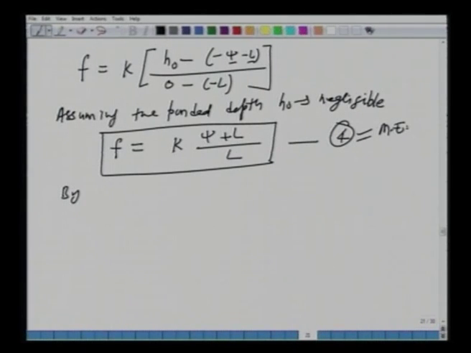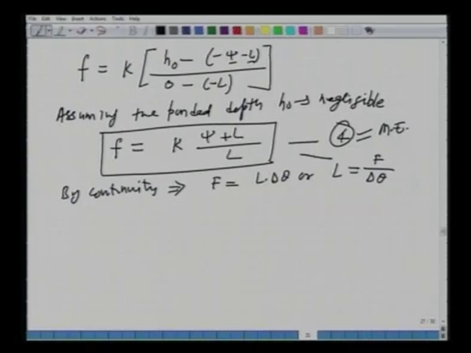Now, what we do is we combine this momentum equation with the continuity equation. So, by the continuity, what we have is, remember, F is equal to L times delta theta, or we say L is equal to F over delta theta, and H naught we have taken as 0.